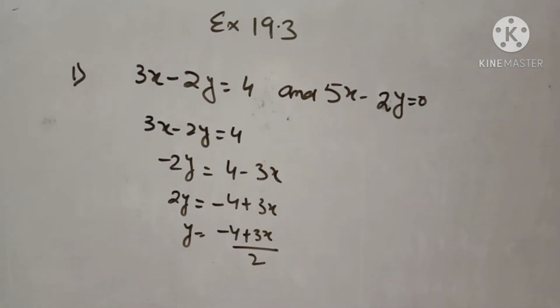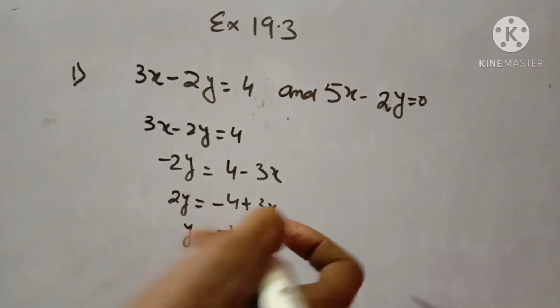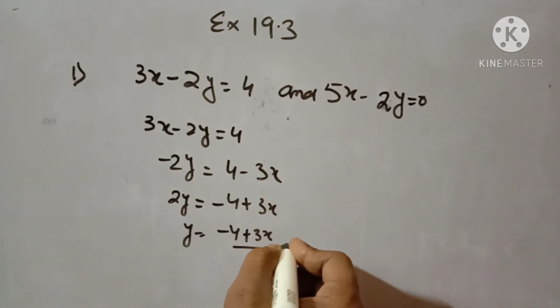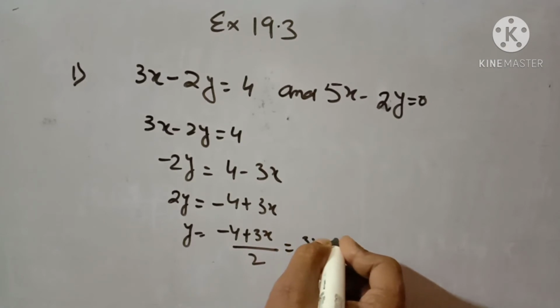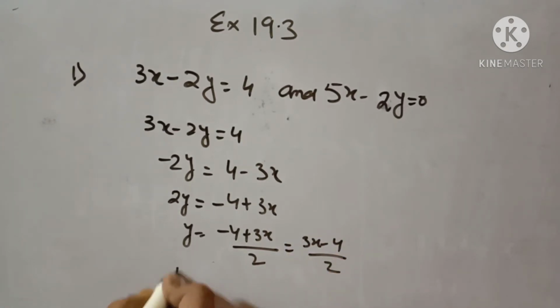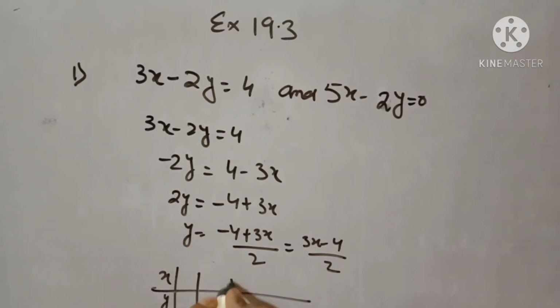Now we have to consider some values. You can write it like this only, 3x minus 4 by 2. Now take the values of x and y, and whatever points come, you will put in your graph paper. If I put x equal to 0, it will come minus 2.